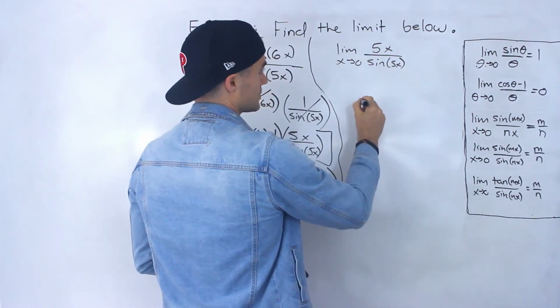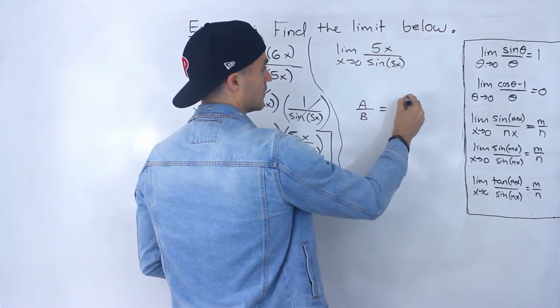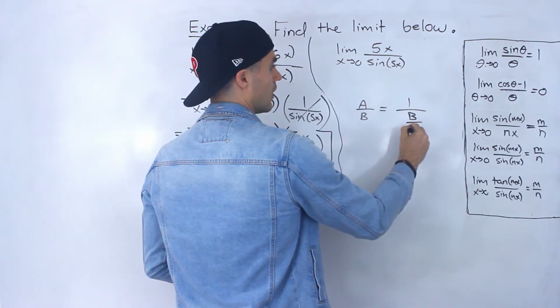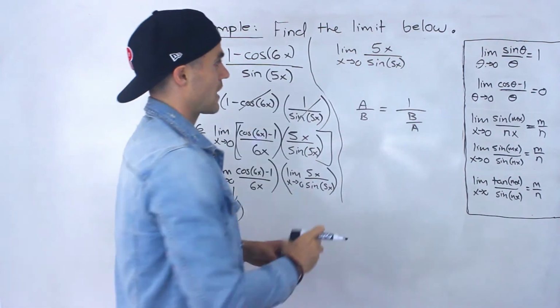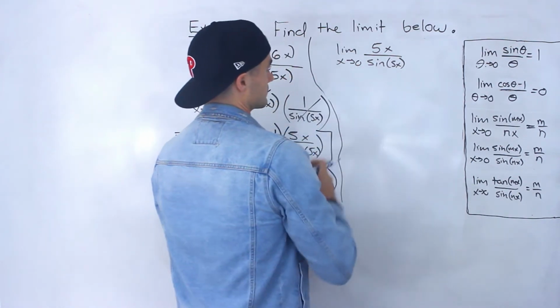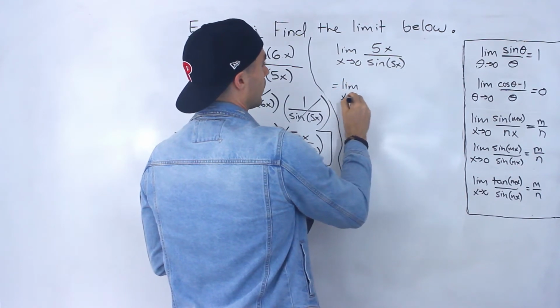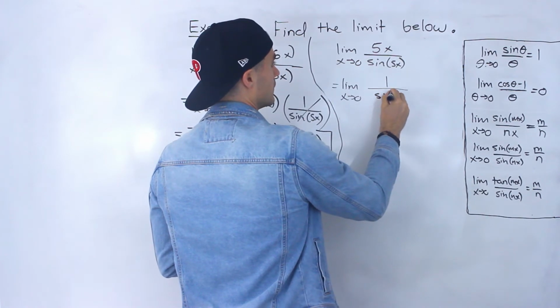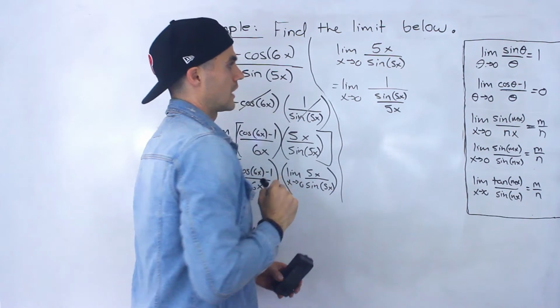Basically what you want to do is if you have a fraction and you want to flip it, you can just take 1 and divide it by the reciprocal of that fraction, like that. So I'm going to take this fraction here and put it under 1. And when I do that, that fraction now flips, like that.